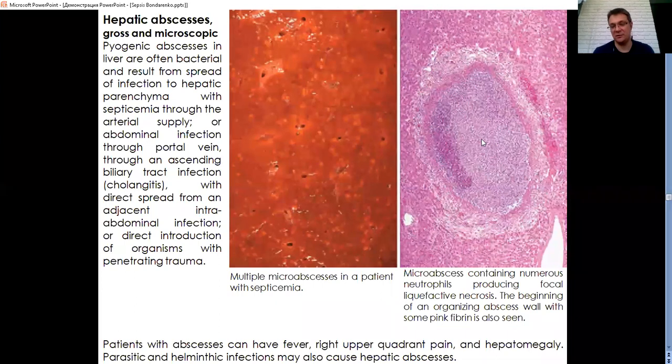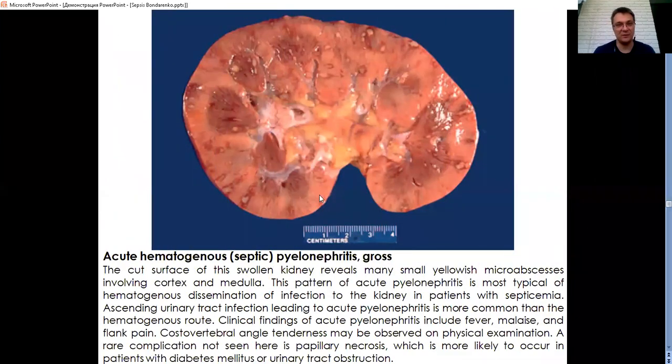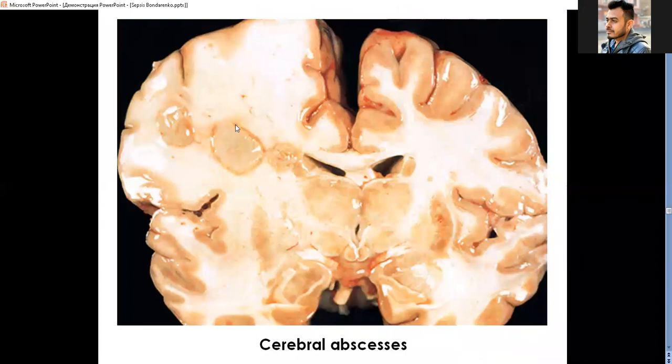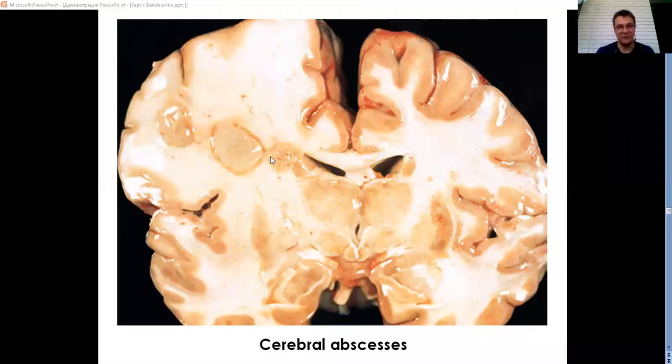That's a kind of healing stage of this condition. Multiple microabscesses in the kidney. That's the acute hematogenous or septic pyelonephritis. Cerebral abscesses, gross image, what you already saw on the microscopy, but these abscesses are very, very huge.